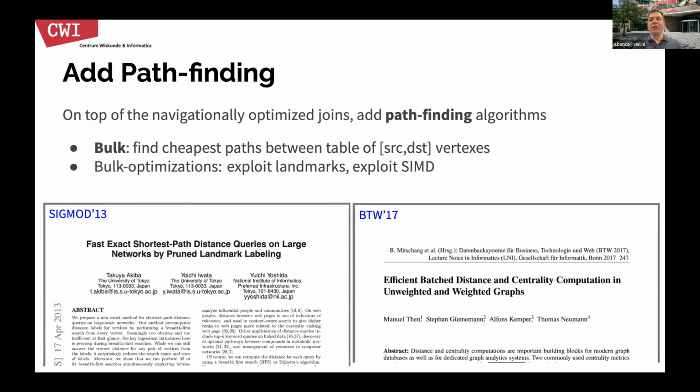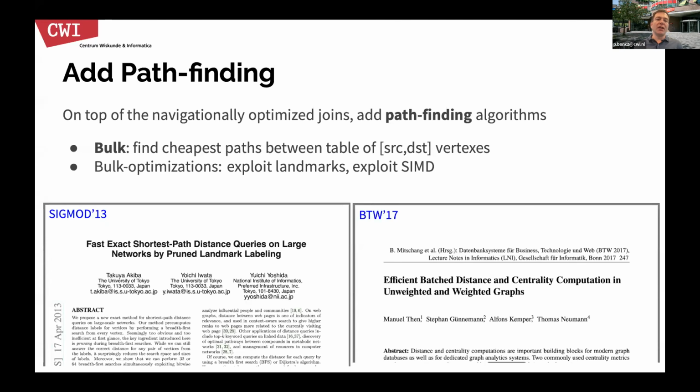So it's somewhere in the middle between finding a single path and the all-pairs shortest path problem. But your algorithm needs to be able to handle the whole spectrum of those effectively if you want to have this in a system. You should not implement a single pathfinding algorithm between a single source and destination and invoke it a million times probably. That's not going to be a good idea.